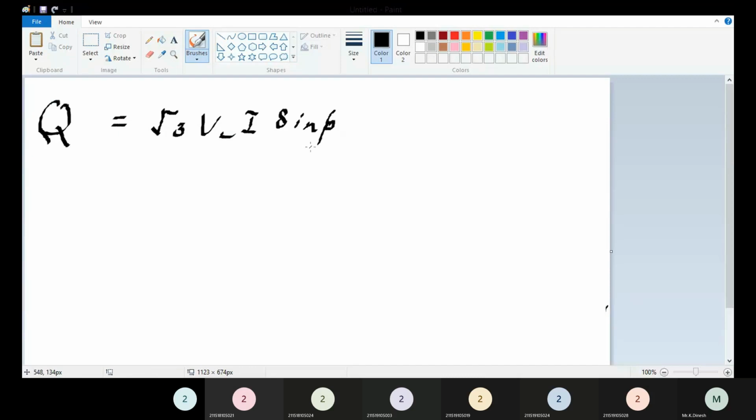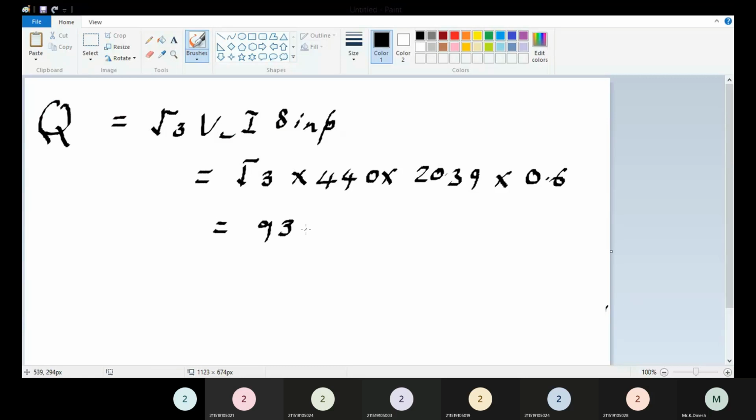So 0.6 we have found. Root 3 into 440 into 20.39 into 0.6. So the answer is 9324 var.